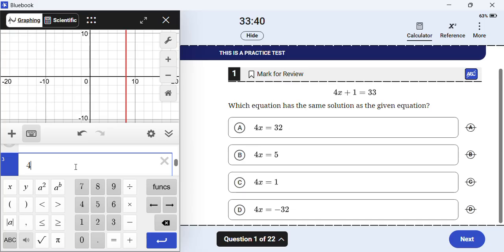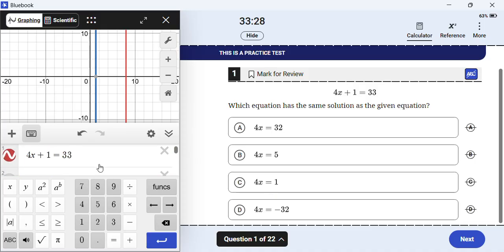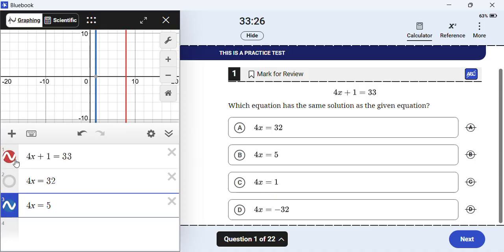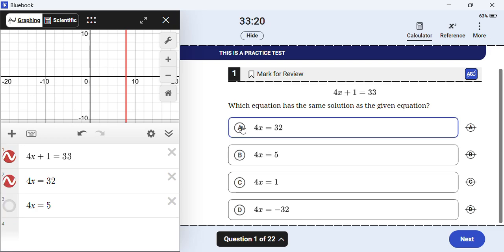Now, just to check that we did that right, I'm going to put in the next answer choice, and as you can see, it's way over here. If we do these other answers, they're not overlapping. The one right here, same color, same line, is our answer.